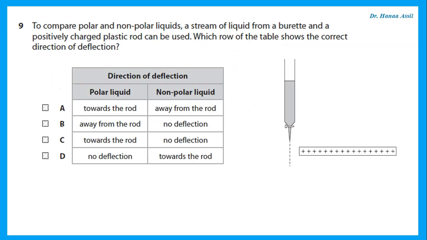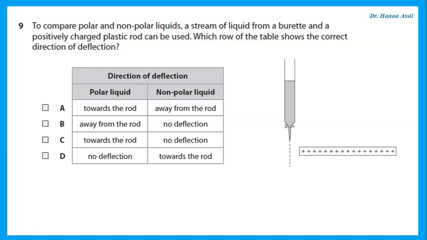To compare polar and nonpolar liquids, a stream of liquid from a burette and a positively charged plastic rod can be used. Which row of the table shows the correct direction of deflection? Okay, how do we determine experimentally whether a molecule or a compound or a liquid is polar or nonpolar?